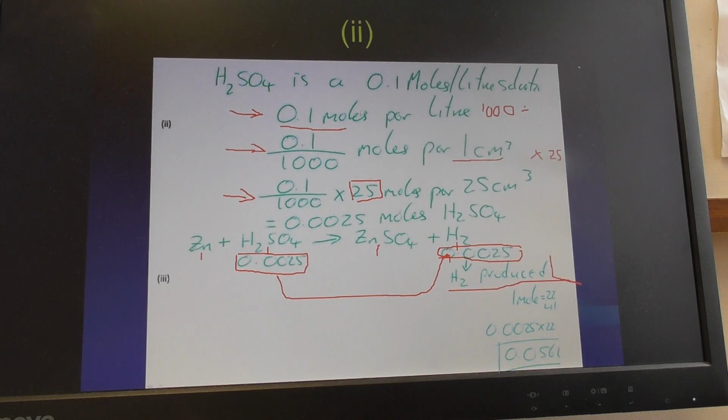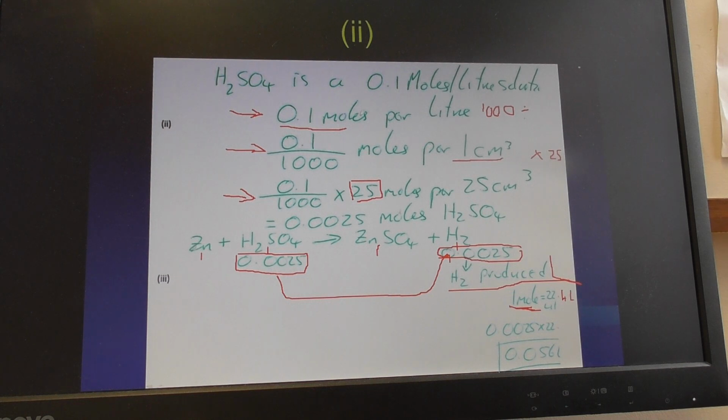And then 1 mole, this is cut off on the page here, but 1 mole is 22.4 litres at STP. If we had 1 mole, it would just be 22.4 litres, and we'd be finished.